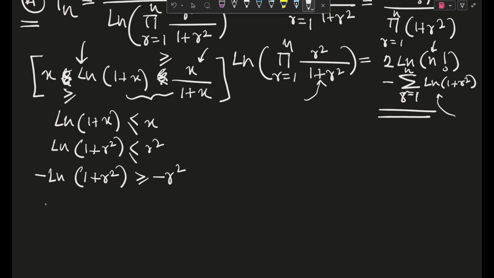So what you will actually get is, like, if we take this thing in our denominator, right? This ln of this thing 1 by this thing.